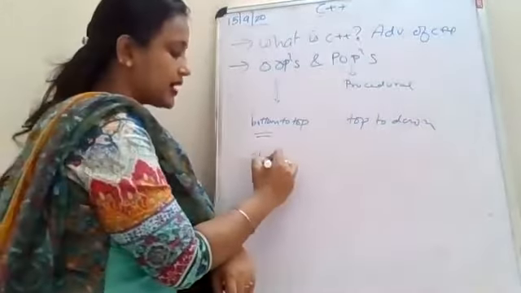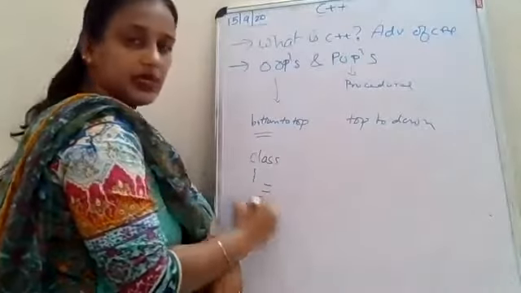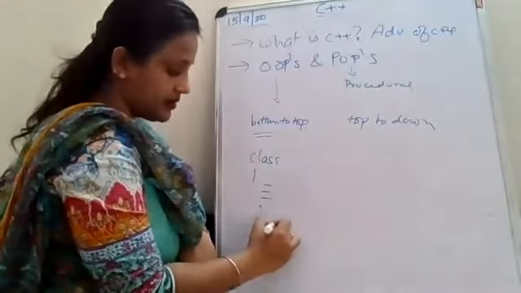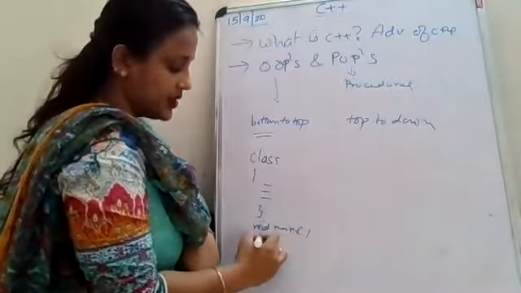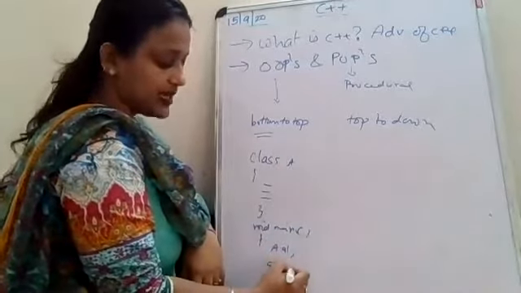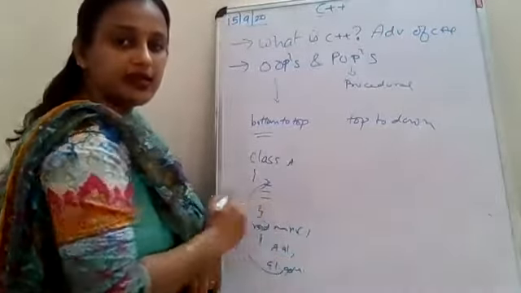Like you make a class first, and then in void main, in the main function, you create an object of that class, and through that object, you access the data.